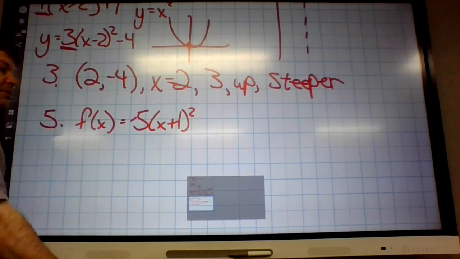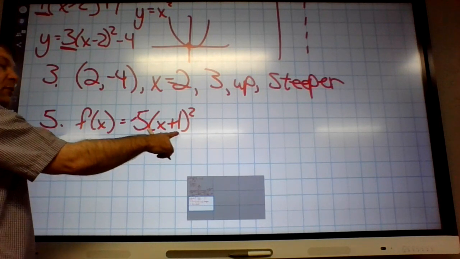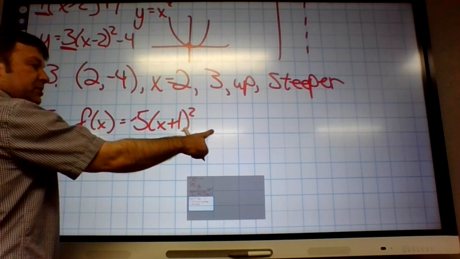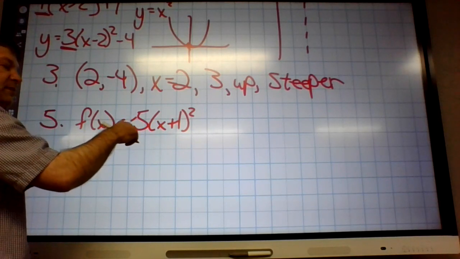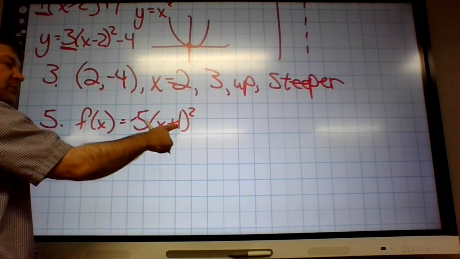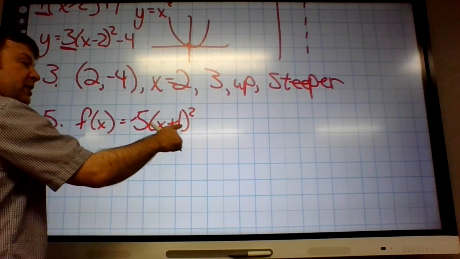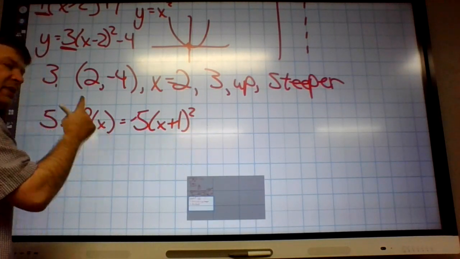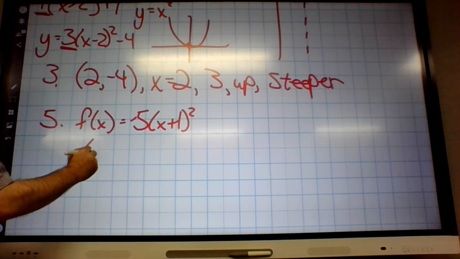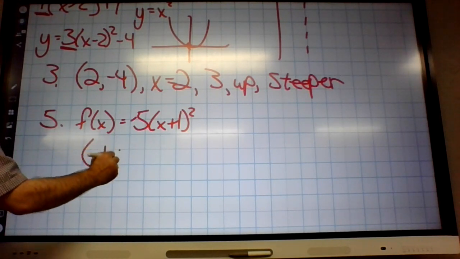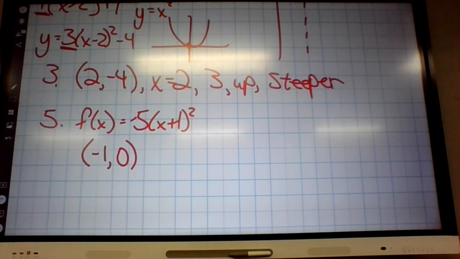It's going to go left one, up or down none. This negative does not move it, it flips it, but it doesn't move the graph around. So it's going to move left one, up or down 0. So where would the vertex be? -1, 0.